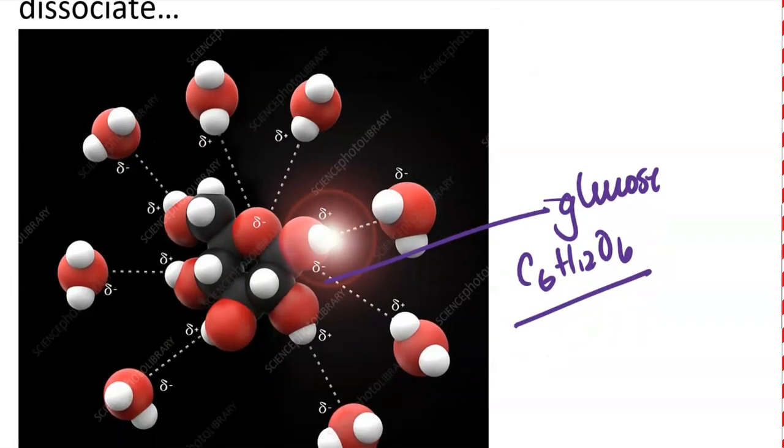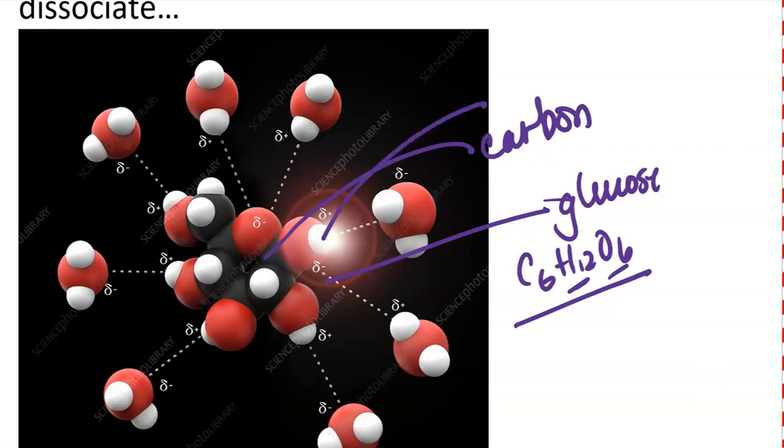Now, if you notice, each of these black spheres are carbons. But again, since we know that glucose also has hydrogen and oxygen, the white spheres are hydrogen and the red spheres are oxygen.